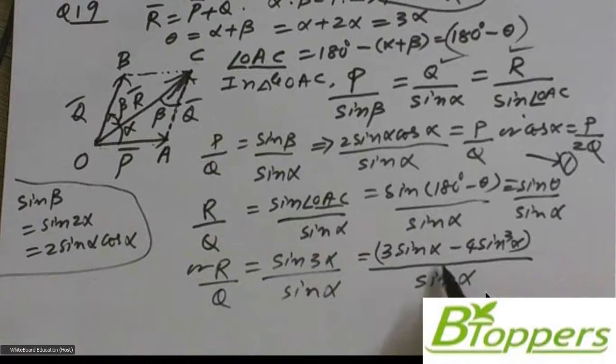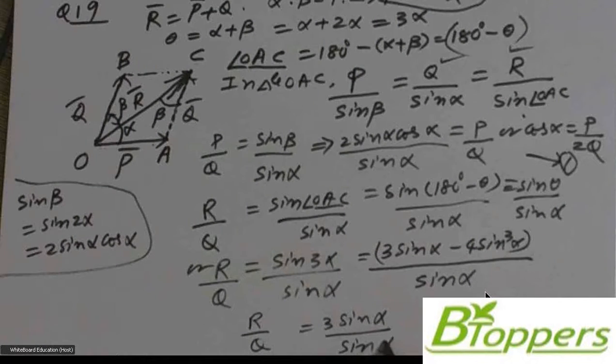So now you can divide each one separately. This you can write R by Q, so 3 sin alpha by sin alpha minus 4 sin cube alpha by sin alpha.